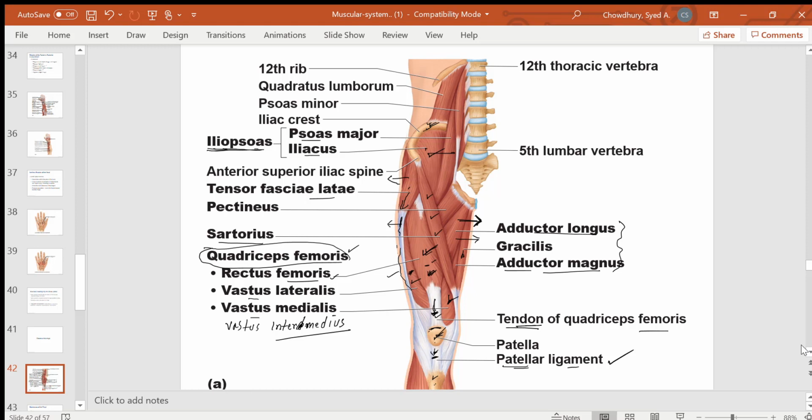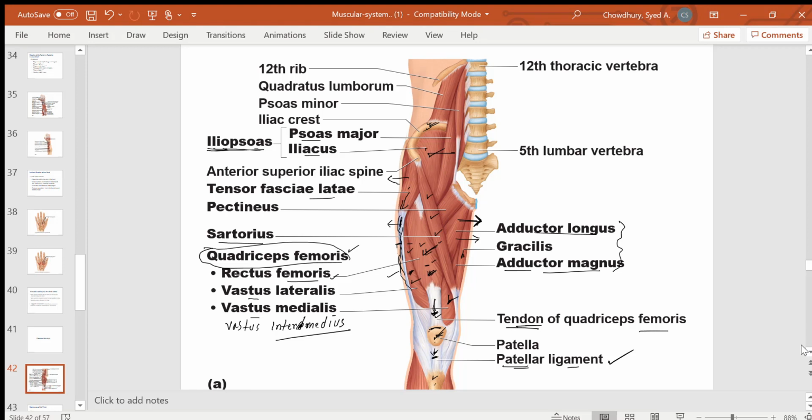In athletes, the iliotibial tract is located lateral of the thigh, and in athletes, due to exercise, when these muscles grow, get bigger, what happens? Pressure increases on this iliotibial tract, and that can cause pain.